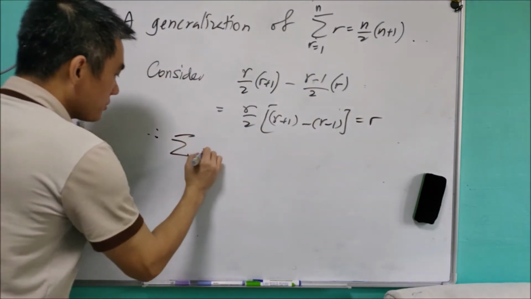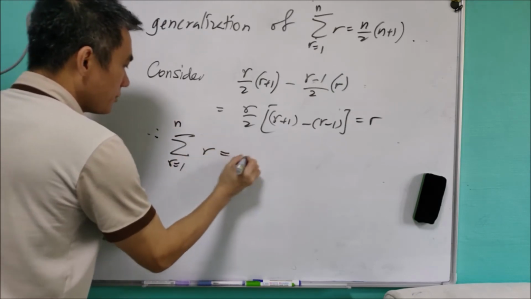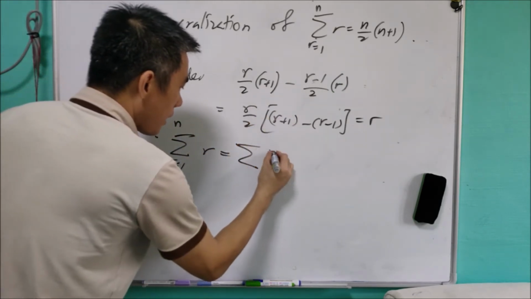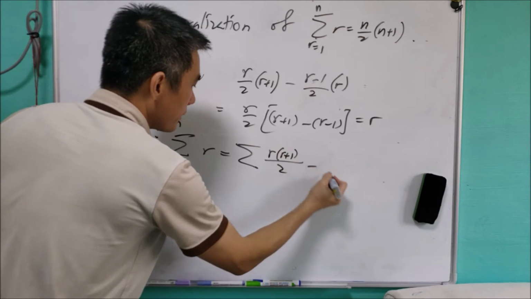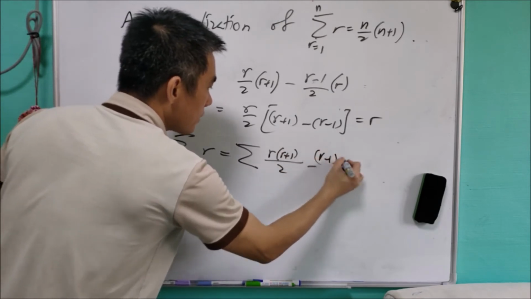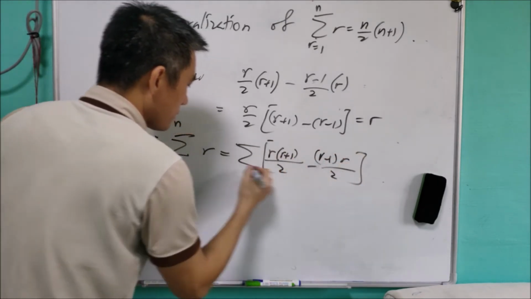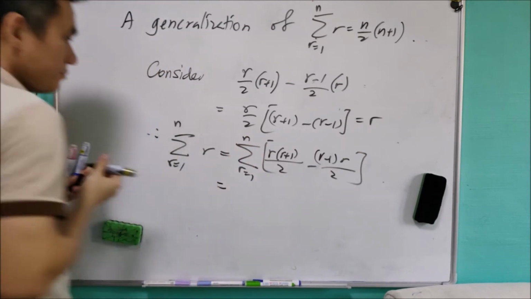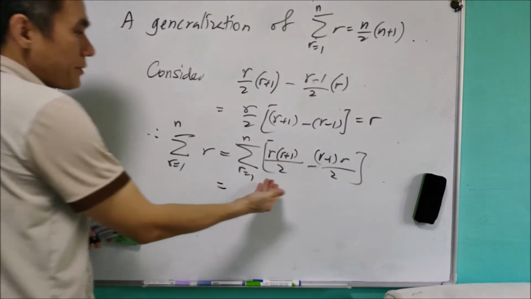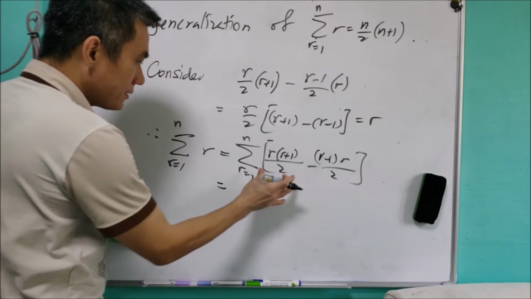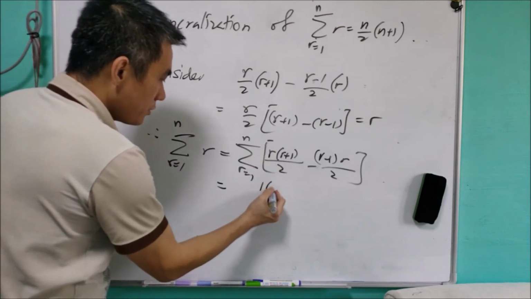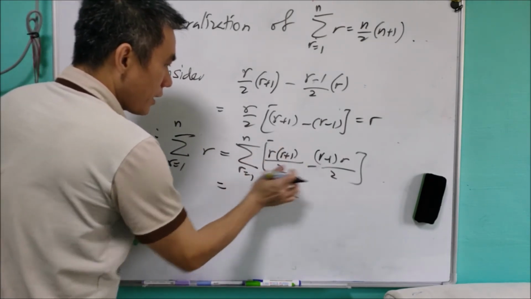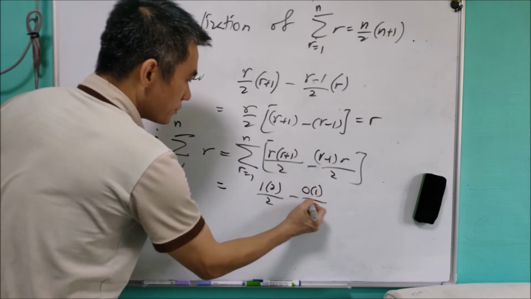And therefore, the summation of r from 1 to n will be equal to the summation of r times r plus 1 over 2 minus r minus 1 times r over 2, r equals 1 to n. Again, we're using the method of difference, and you will see that the first term will be 1, 2 over 2, minus 0, 1 over 2.